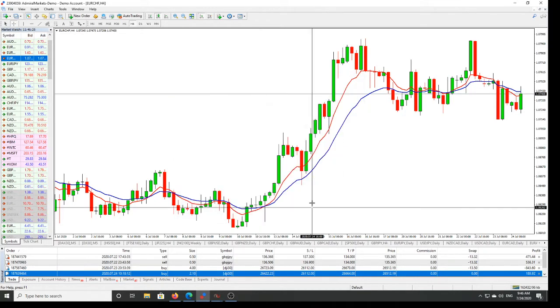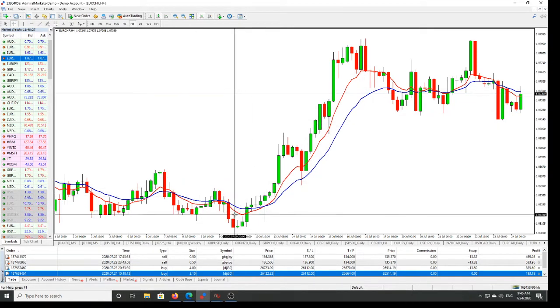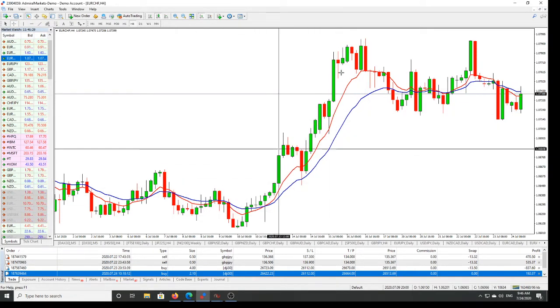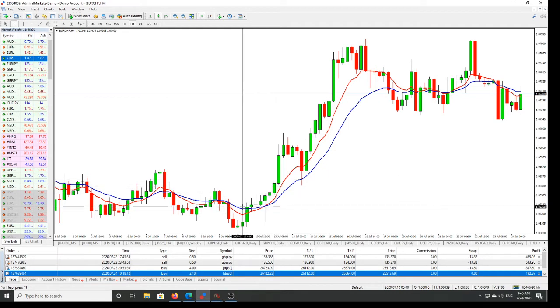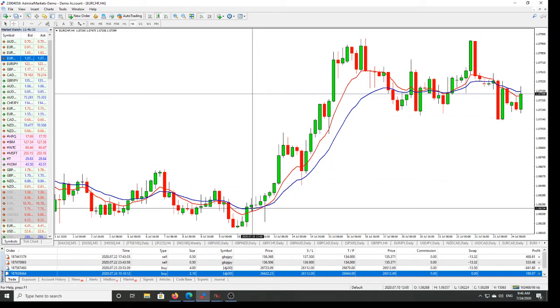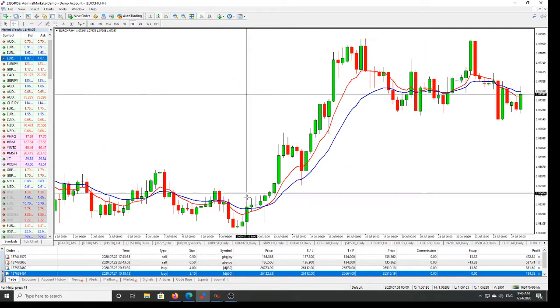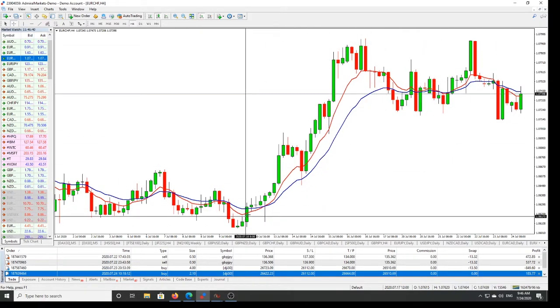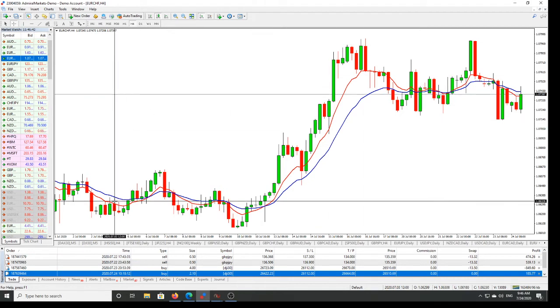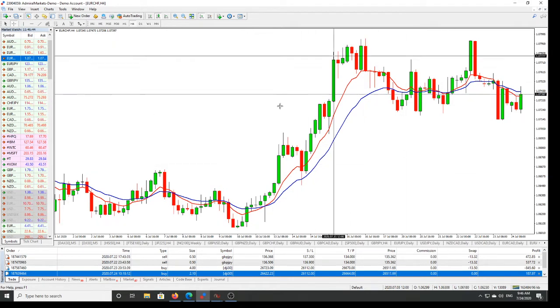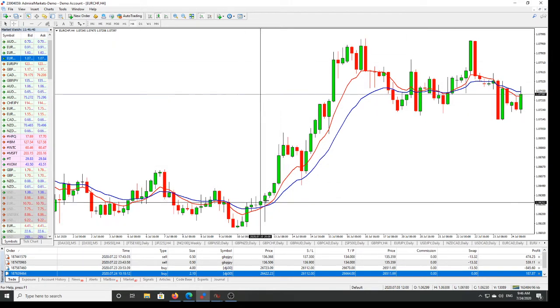So you hear these jargons, bullish, or a buy candle, a bear market, the market is coming down. A bull candle means the market is going up, and in the bull candle you buy, in the bear candle we sell. So this is just similar to the ones we've been studying.